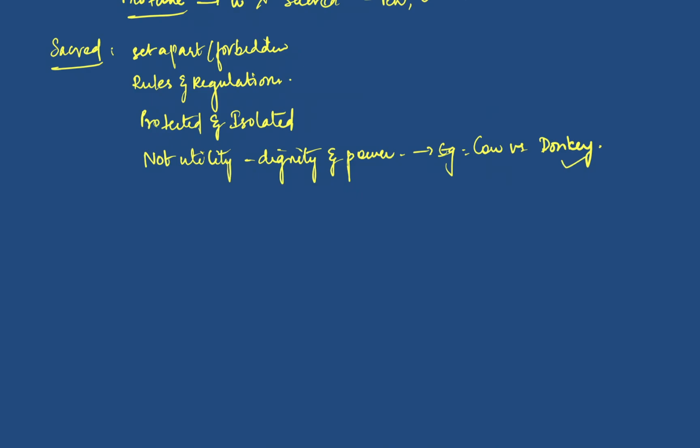Donkey is most useful because it carries a lot of weight, travels long distances, helps the washerman, etc. But when you compare cow and donkey, which is worshipped in our houses? The cow is worshipped, the donkey is not. The cow is sacred, the donkey is the profane. So here you're not looking at the utility, but at the dignity and the power. So that is what is sacred again, right?